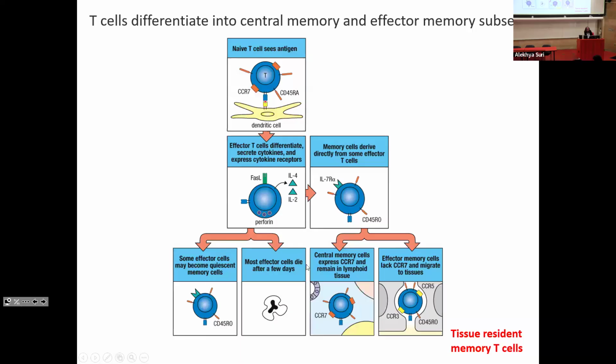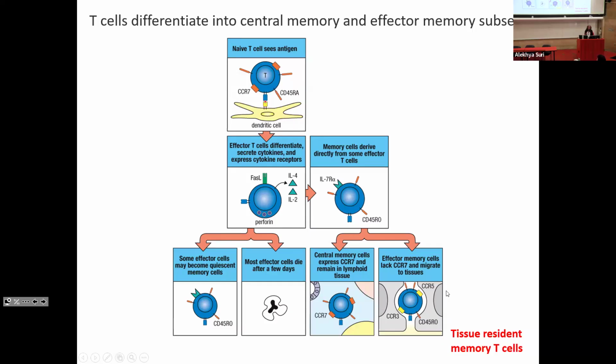And again, memory T cells come in many different types, subsets of memory T cells, and they are particularly difficult to study in humans. These are the tissue-resident memory T cells that actually go and reside at, say, for example, a site of lung infection. Following the infection, memory T cells were made.